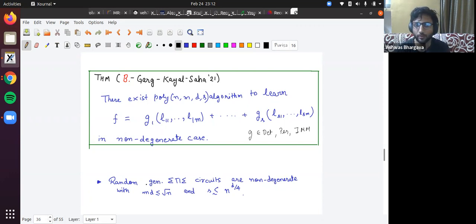In particular, we show that random generalized depth 3 circuits are non-degenerate when m times d is less than square root n. Basically, think of each individual G_i as depending on approximately square root n many variables.